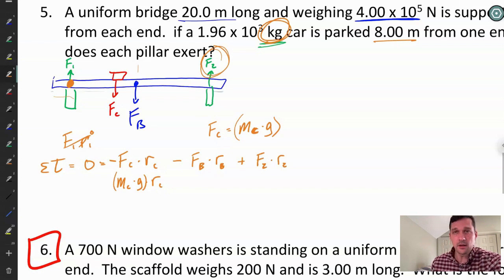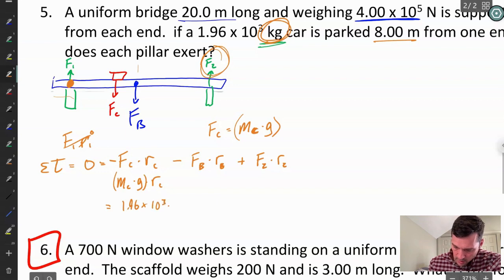So now it's just a matter of plugging in values that we know. The mass of the car was 1.96 times 10 to the third times gravity, so that's 10 times its r, the radius of the car, which we had said earlier was 8 from the end and away from 3. I think it was 5 meters.